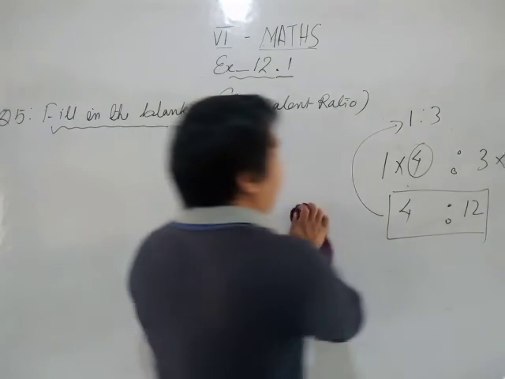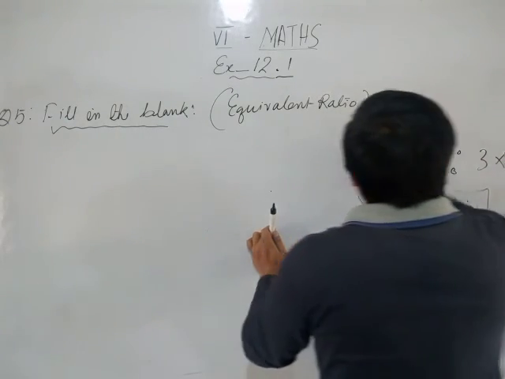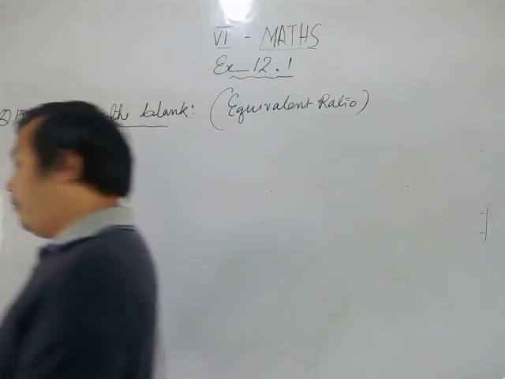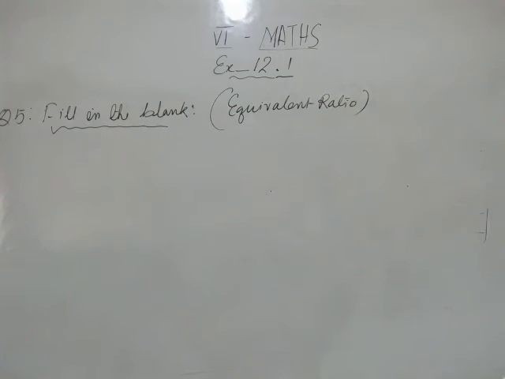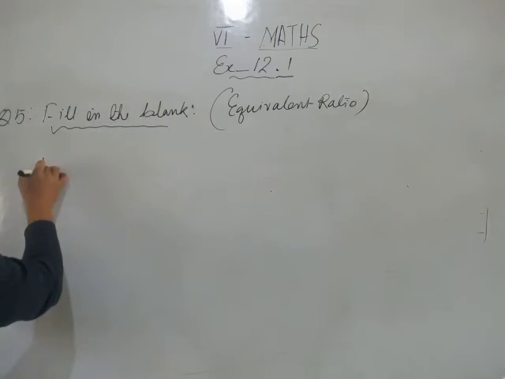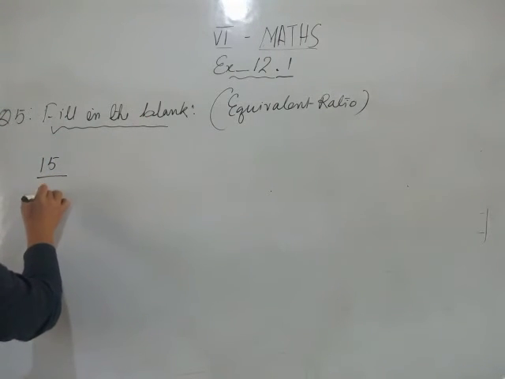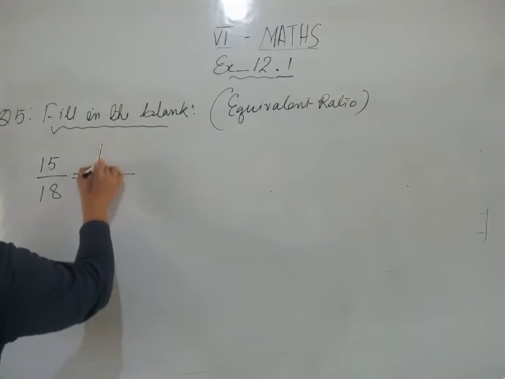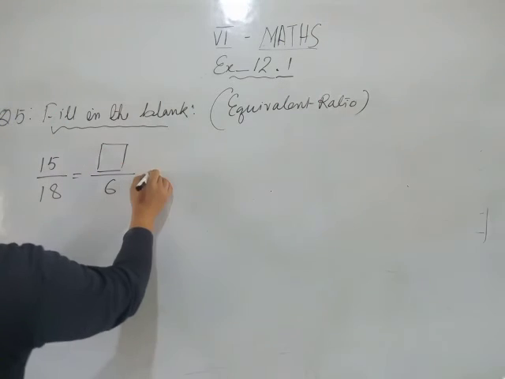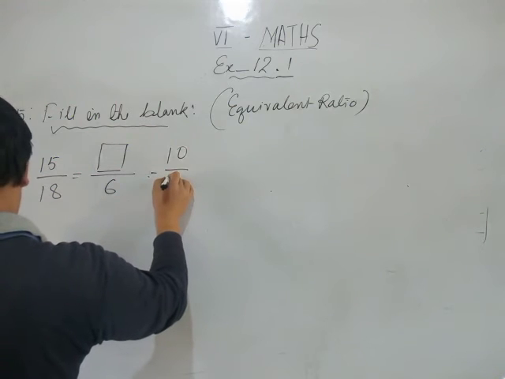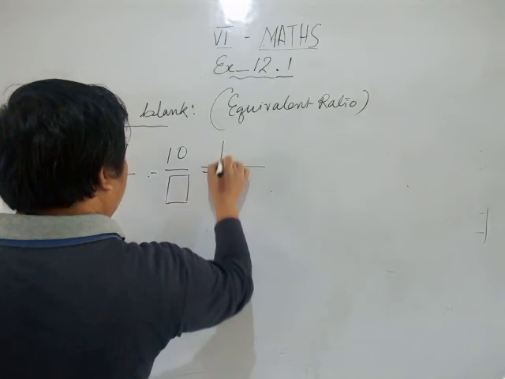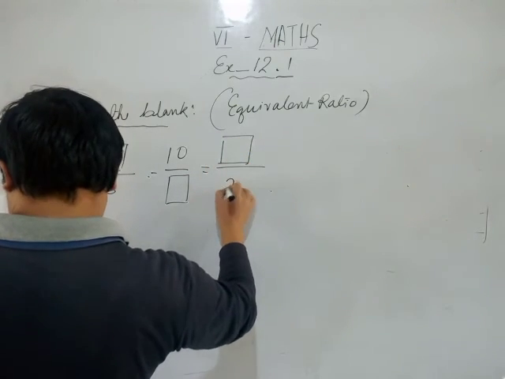Question number 5 has some blanks given, in the form of fractions. So let us see the question. It is 15 by 18 equal to a box by 6, equal to 10 by a box, equal to a box by 30.